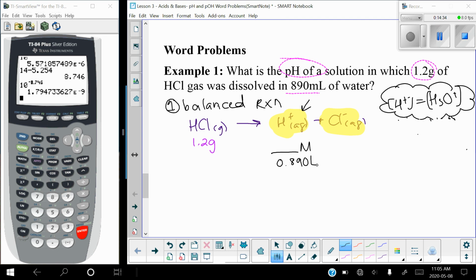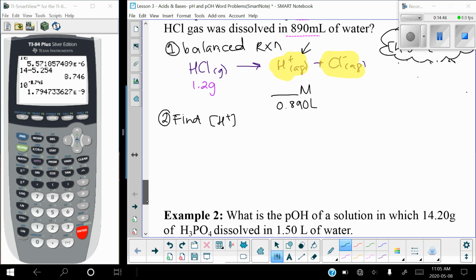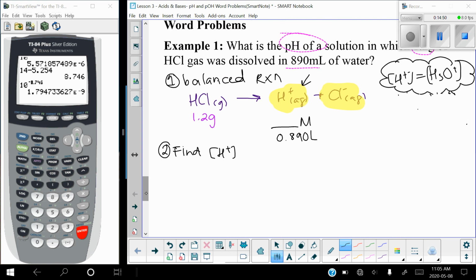Now that we have everything listed, step 2 is going to be find our concentration of H plus. So the way that we're going to do that is write a stoich statement.